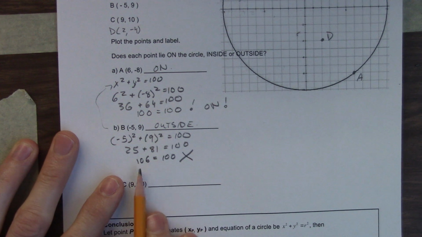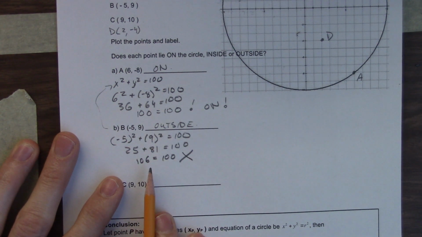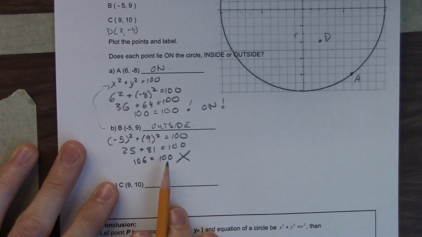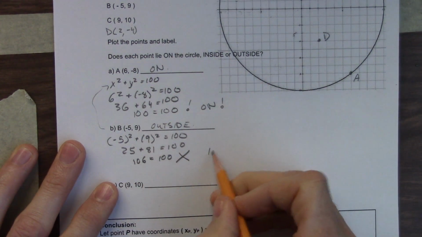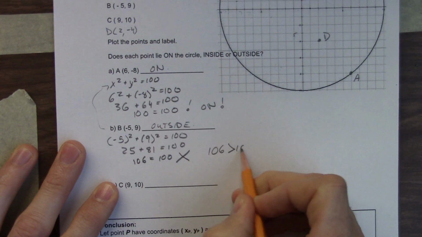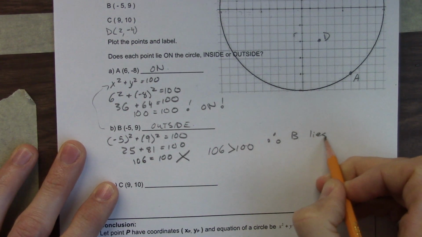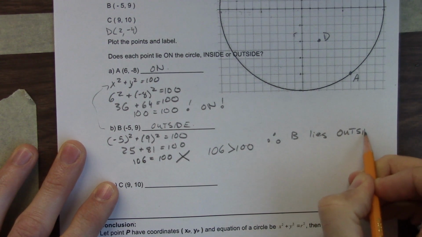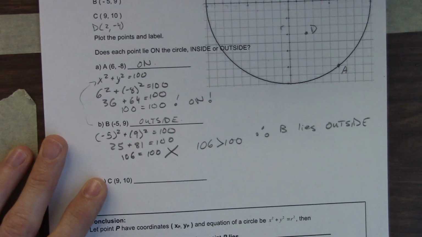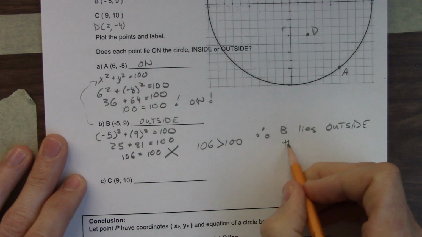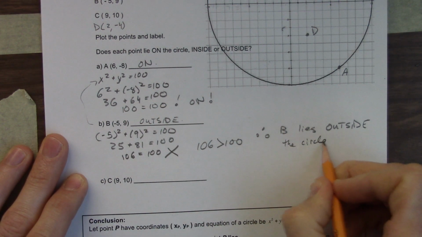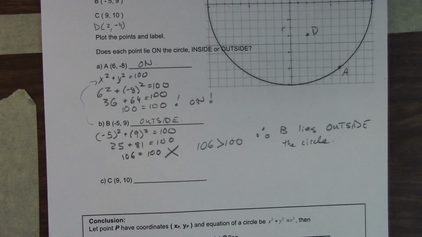In this case, we're not going to worry about left side versus right side. We're just going to say that 106 is greater than 100. 106 is more than 100. Therefore, B lies outside. Make sense?